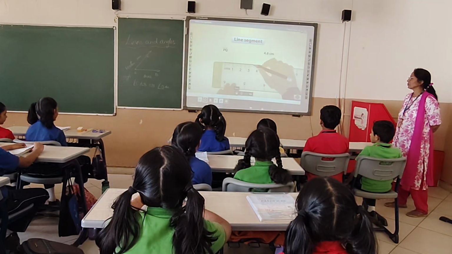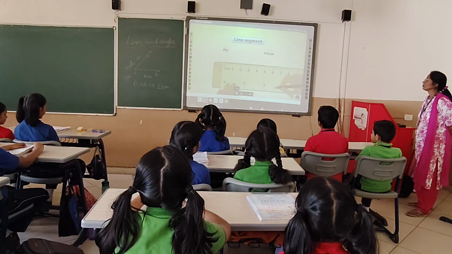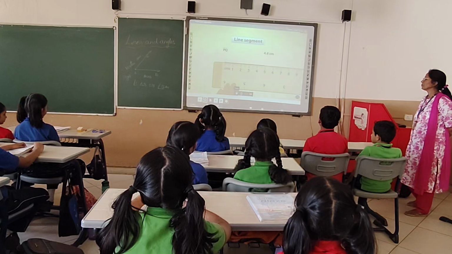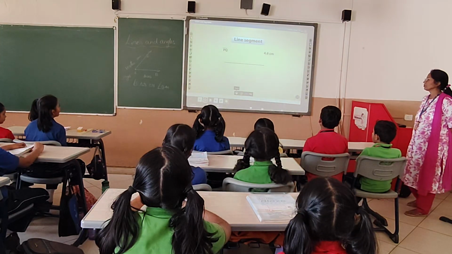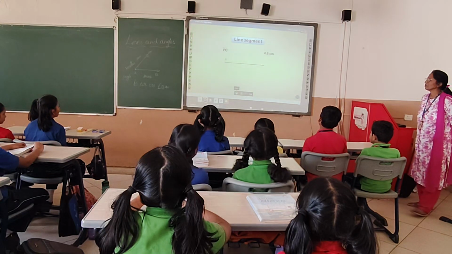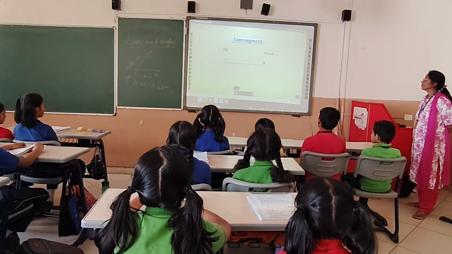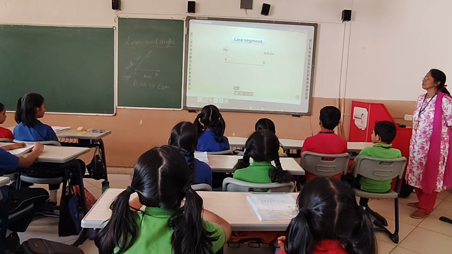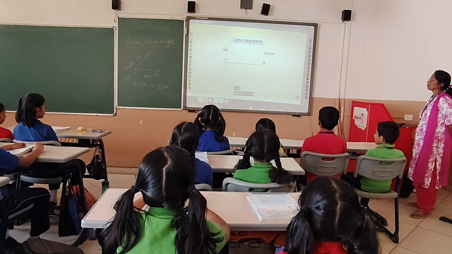Now let's draw a line connecting the 2 points that we have marked using the ruler and the pencil. We may now remove our ruler and name the starting point as P and the end point as Q. So, there we have it, our line segment PQ of length 4.8 centimeters.